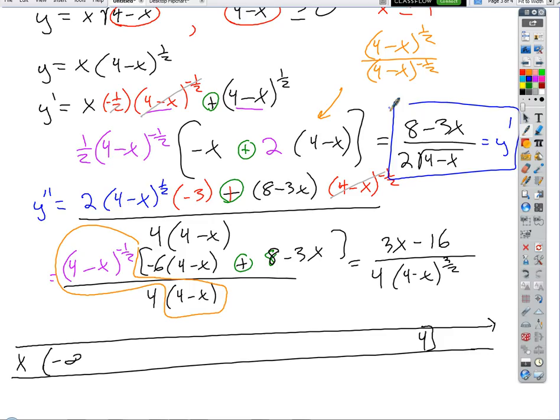At 4. Okay, 4 is our endpoint, right? So it can't really be a relative extremum. If we're looking for, what are we looking for here? If we're looking for, on this problem, relative extrema, points of inflection, and asymptotes, okay?